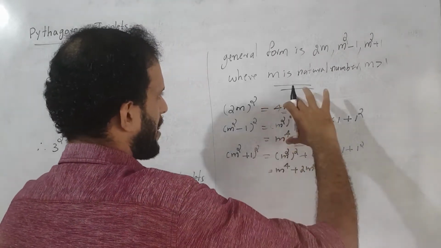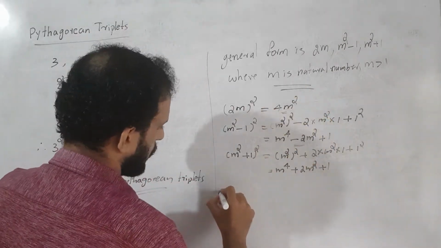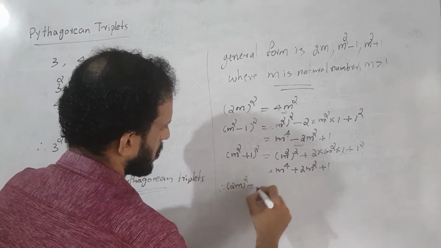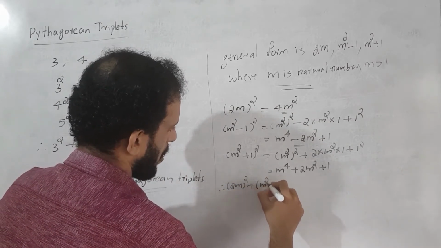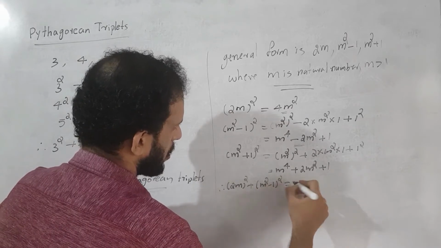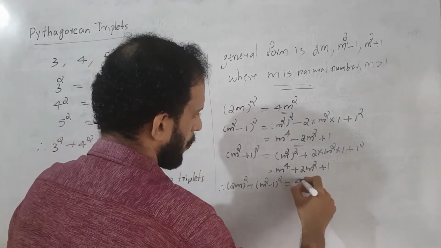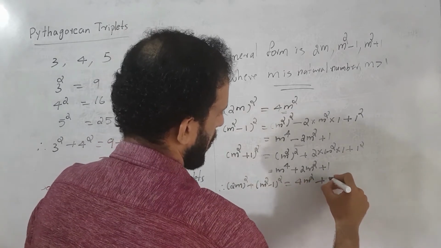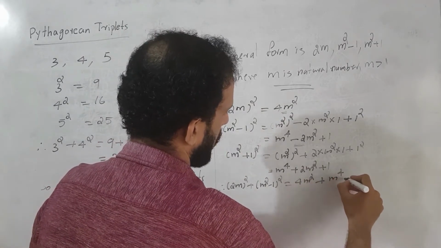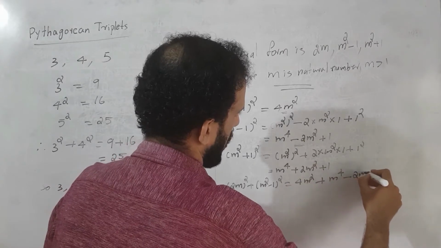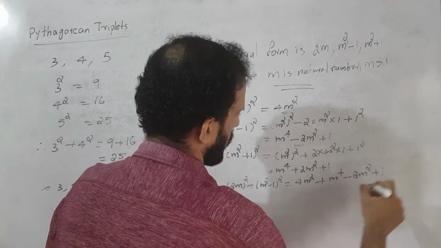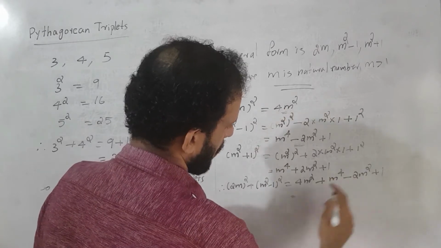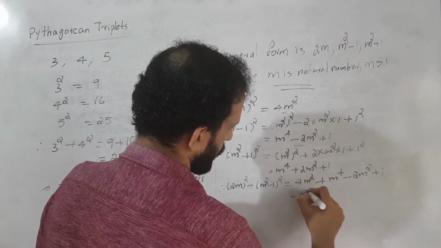Then we just add the two squares. Therefore (2m) square plus (m square minus 1) whole square is equal to 4m square plus m raised to 4 minus 2m square plus 1. Then first m raised to 4.